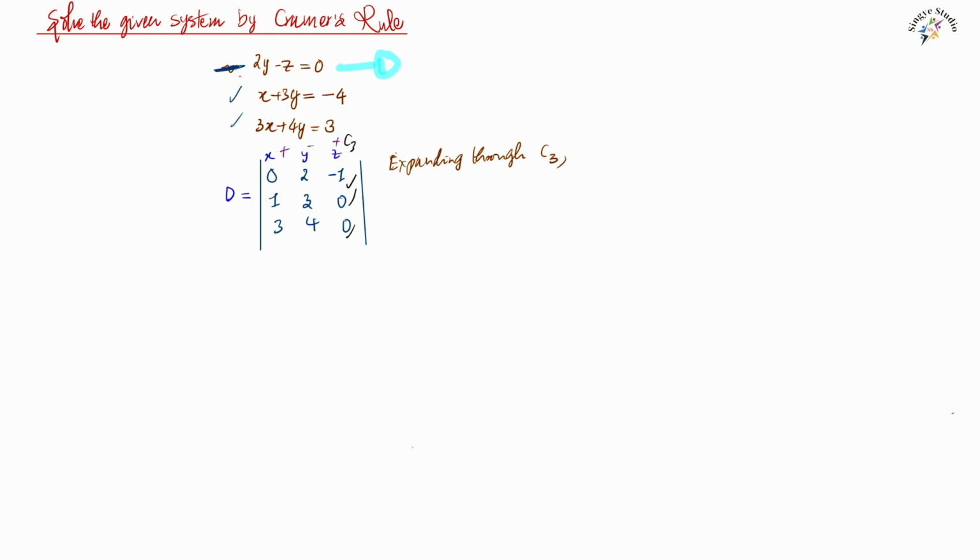So plus times minus is minus 1 times, then this will get cancelled. So it will be 1 times 4 is 4 minus 3 times 3 is 9. So it will be -1 times 4 minus 9, which is -5, so it will be +5. So our determinant D value is +5.